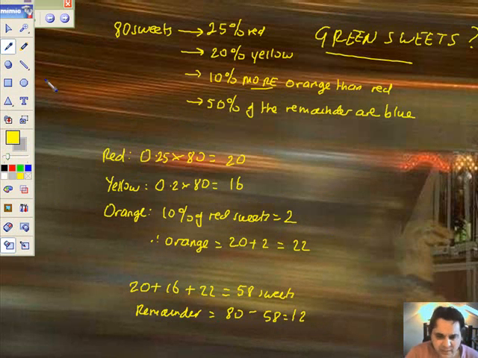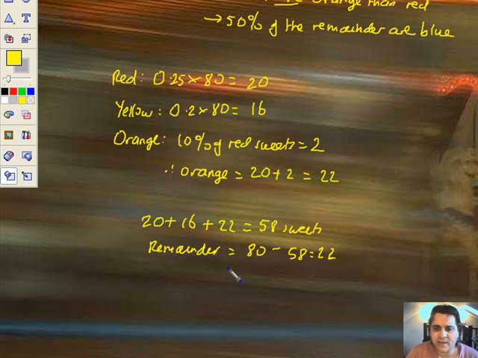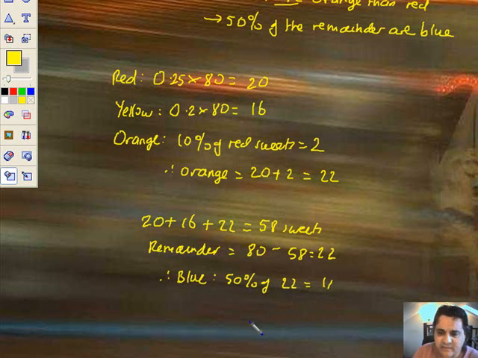Or is that 22 sweets? Let's go for 22. I prefer that. Again, I'm allowed to use my calculator, but you know, if I can do it without, why not? So 22 sweets is the remainder, and 50% of the remainder are blue. Therefore, here are the blues. Half of, 50% of 22, well, that's half them, is 11 blues.